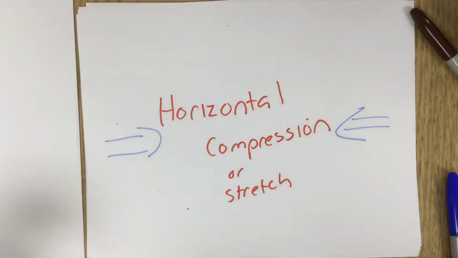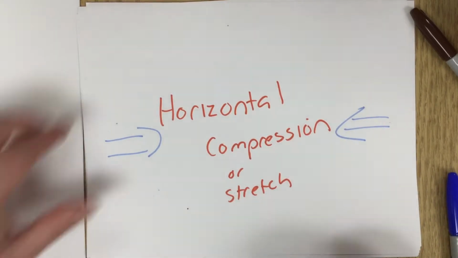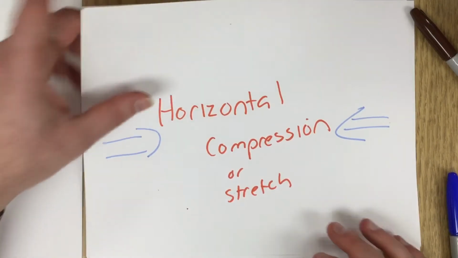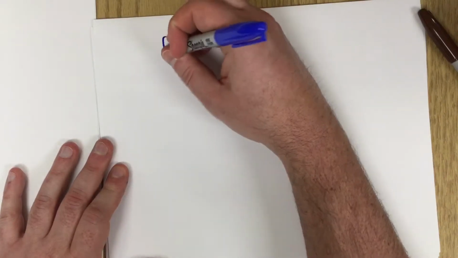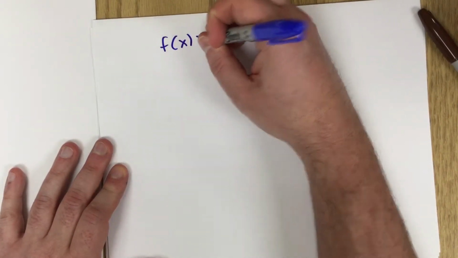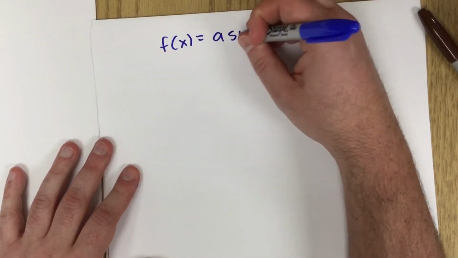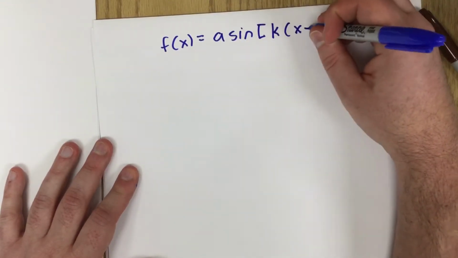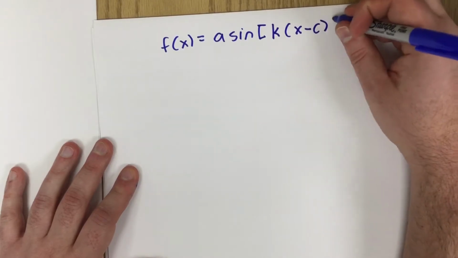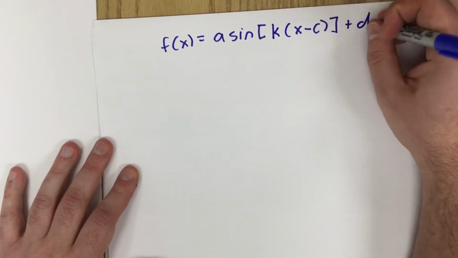So now we're going to continue with the transformations of periodic functions, but now we're going to talk about horizontal compressions and stretches. As a reminder, the generic form is f of x equals a sine of k x minus c, plus d.